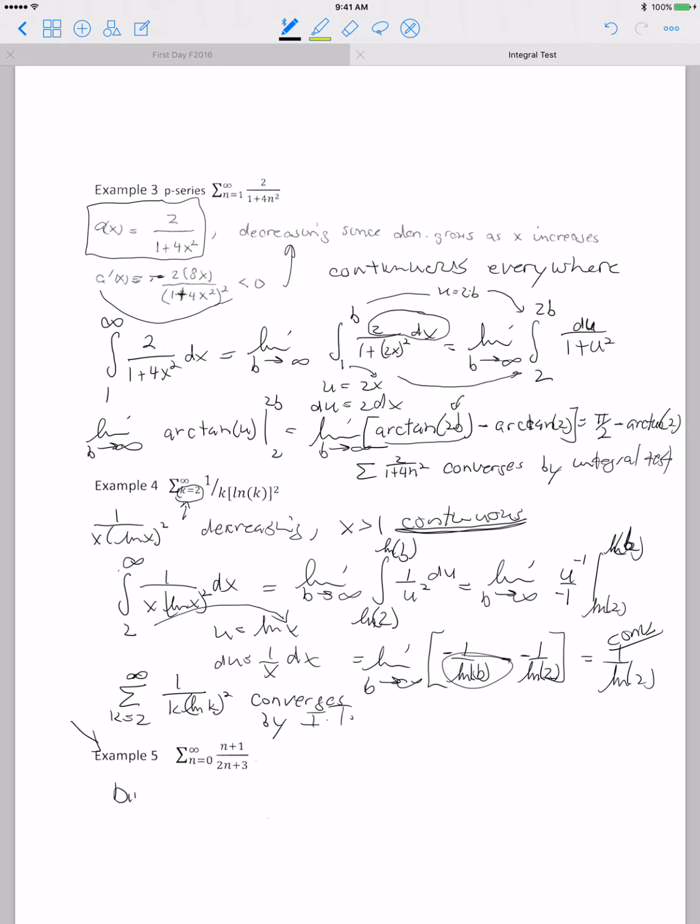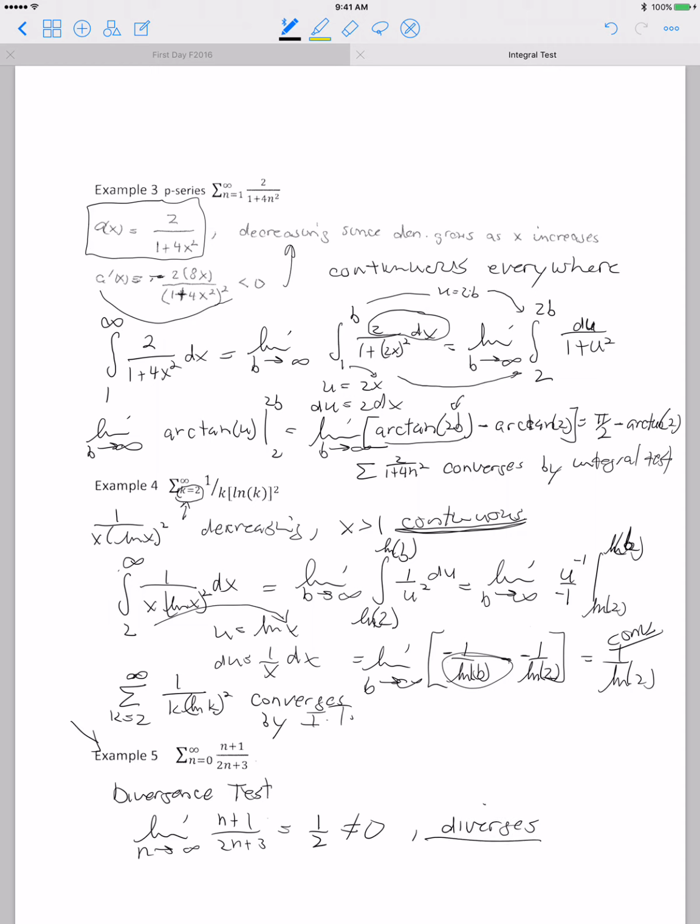By the divergence test, which is the very first test we had. It was in that box in our textbook when we looked at the properties of convergence and divergence. And if we look at the limit as n goes to infinity of the terms, that limit is equal to 1/2 and is not equal to 0. Since the limit of the terms is not 0, by the divergence test, the series diverges.